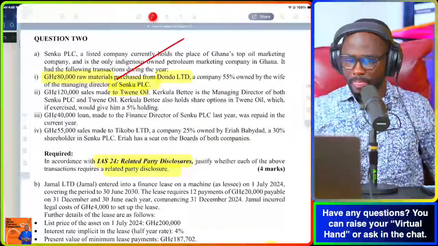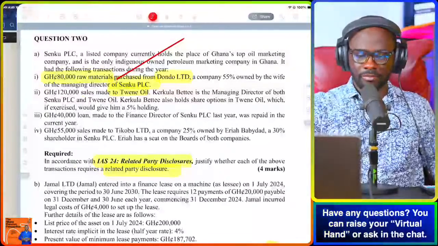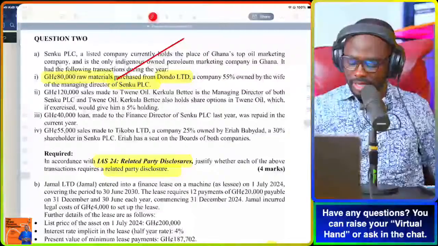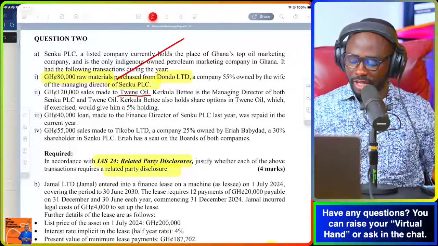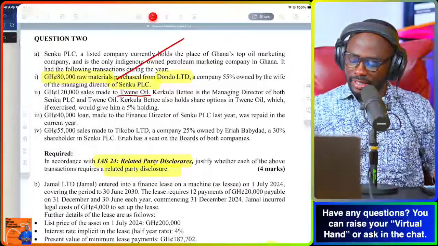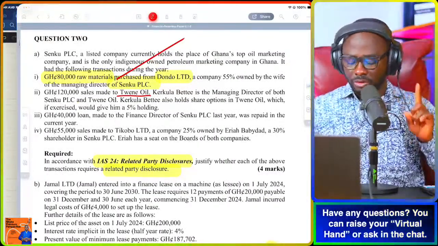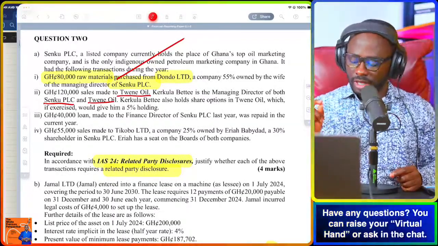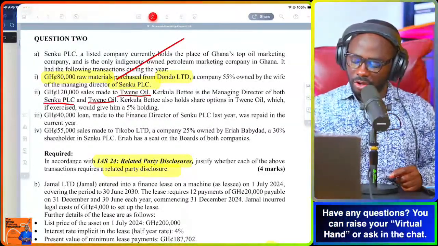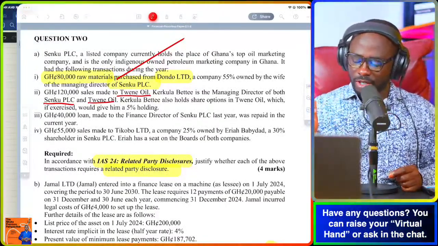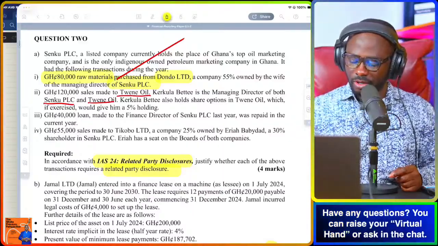Second scenario. 120,000 Ghana cedi sales made to Chini Oil. Kekula Betty is the managing director of both Senku PLC and Chini Oil. Kekula Betty also holds shares in Chini Oil, which, if exercised, will give him a 5% holding.